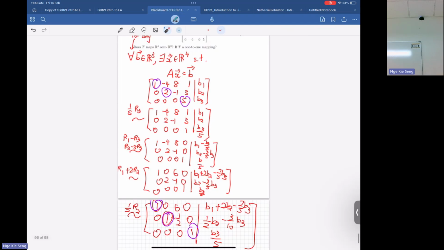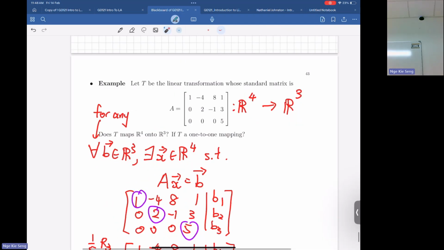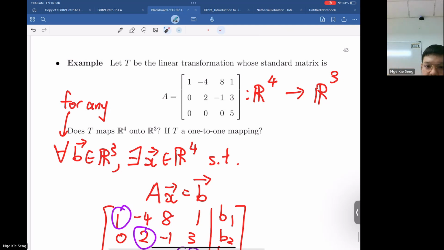We have the second part, right? Check whether this is one-to-one or not. To show that it is one-to-one is kind of hard for the one that I told you.